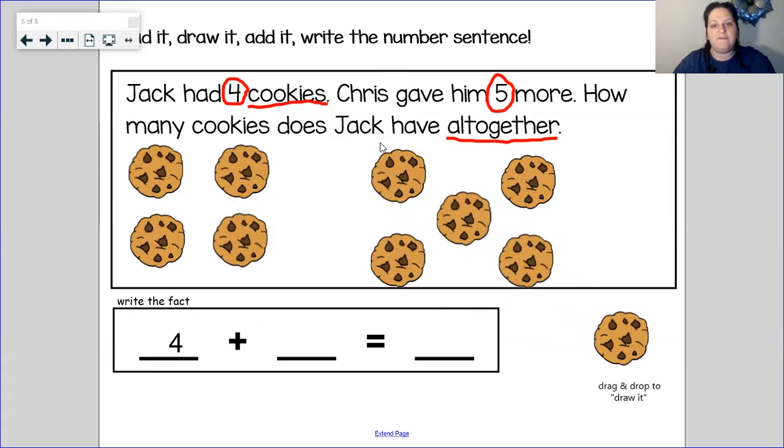And then Chris gave 5 more, so we added 5. And now let's see how many that equals when you put it all together. 1, 2, 3, 4, 5, 6, 7, 8, 9. So 4 plus 5 more equals 9.